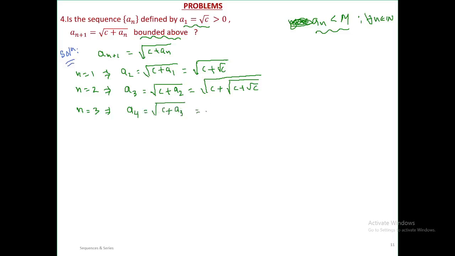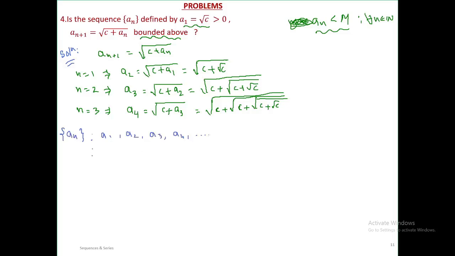So therefore finally this is square root over c plus square root over c plus square root over c plus root c. This is a4.